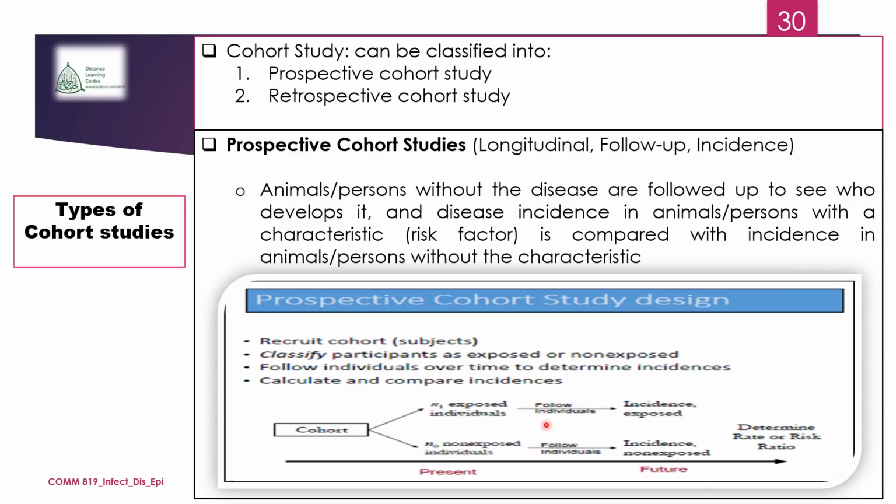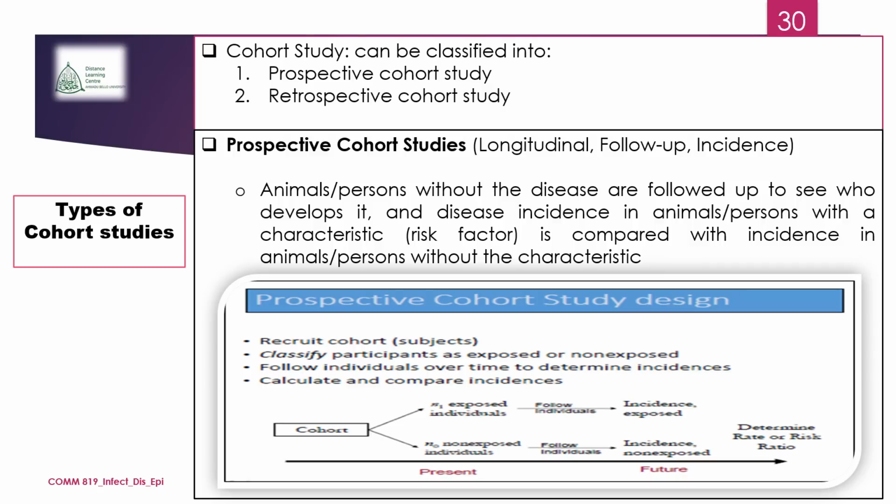Then you follow up the individuals to see who developed the disease. Then you determine the risk, relative risk or risk ratio. Relative risk, just like we calculated in the previous slide. So this is for prospective study.